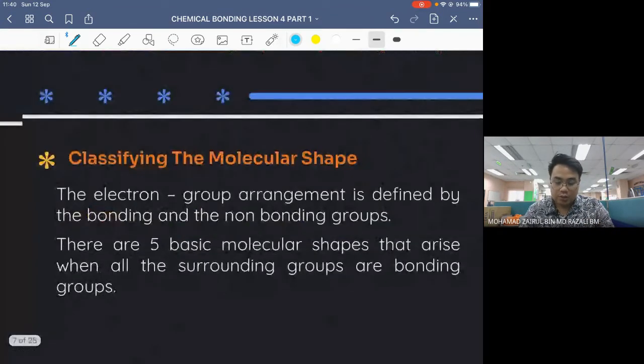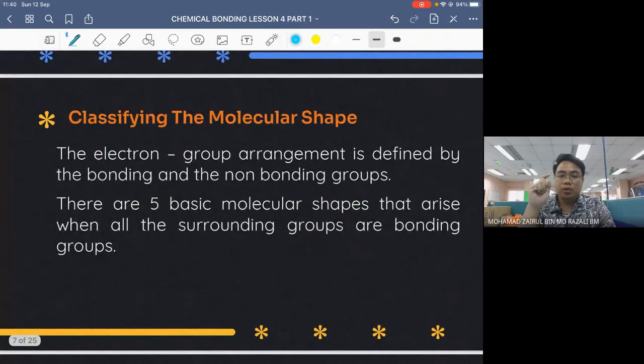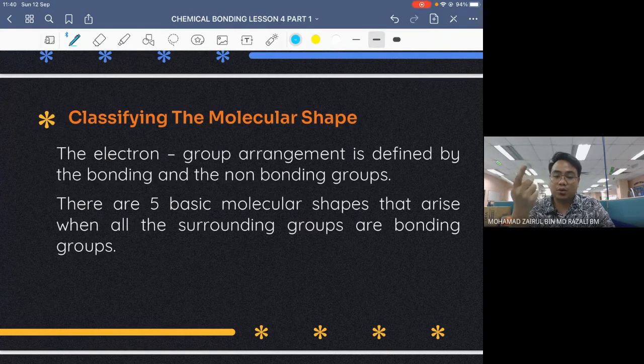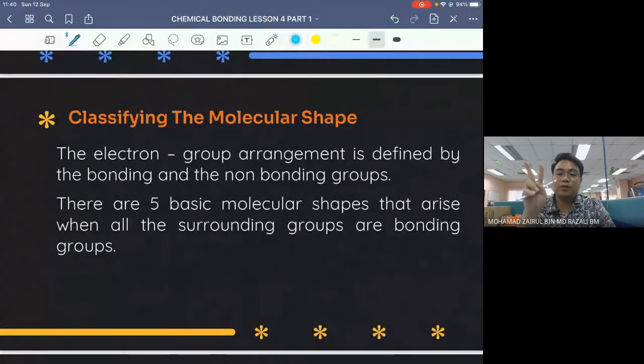When you want to determine the molecular shape, you need to determine the electron group arrangement first. That's why awal-awal tadi saya ajar macam mana nak determine electron group, because the arrangement of the electron group akan menentukan the molecular shape of the molecule.